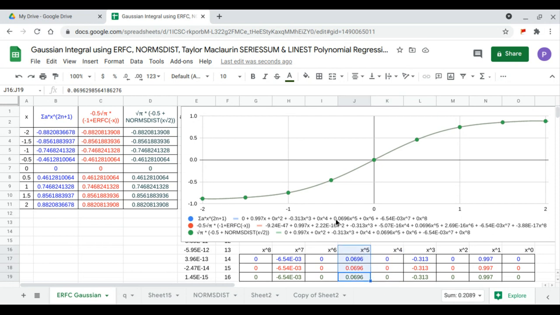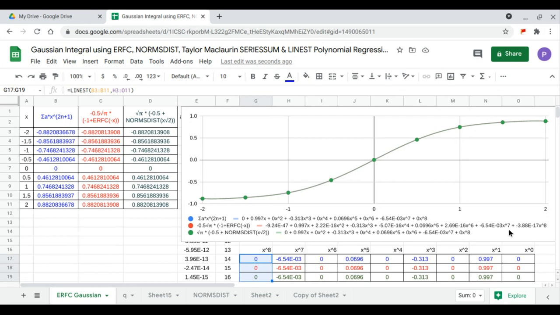X to the 5th, 0.0696 in all three. X to the 6, 0. This one is 2.69 times 10 to the minus 16, that's already 0. X to the 7th, negative 6.54 times 10 to the minus 3 in all three. And the x to the 8th, that's 0. Negative 3.88 times 10 to the minus 17 is also 0.